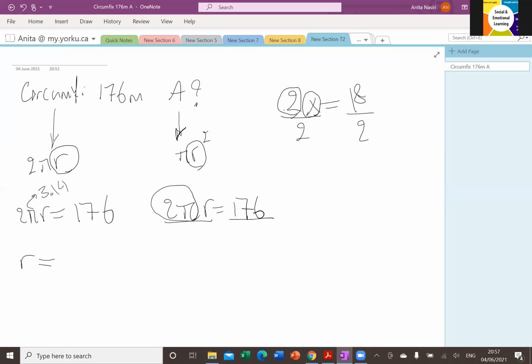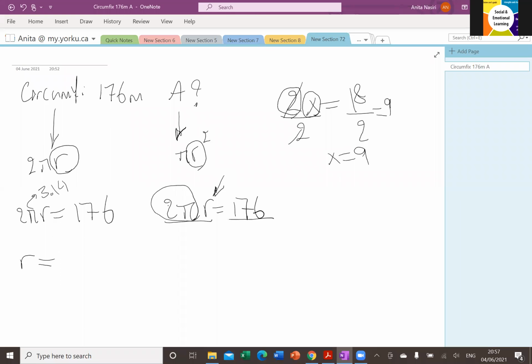So we divide both sides by the coefficient, which is 2. So 2 and 2 go away. Therefore, 18 divided by 2 becomes 9. Therefore, x equals 9. On the same token, we have 2 pi r equals 176. Because our variable, what we want to calculate, is r, the radius, we divide both sides of the equation by whatever is multiplied by r.